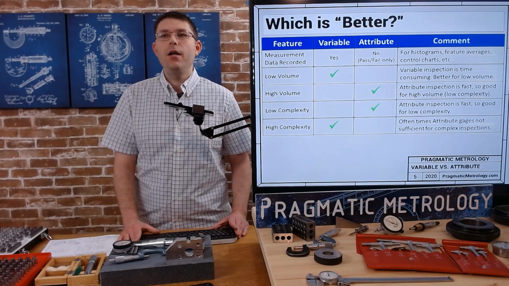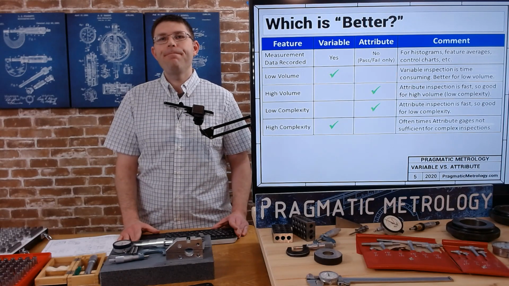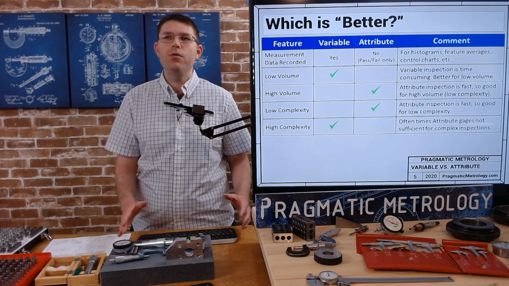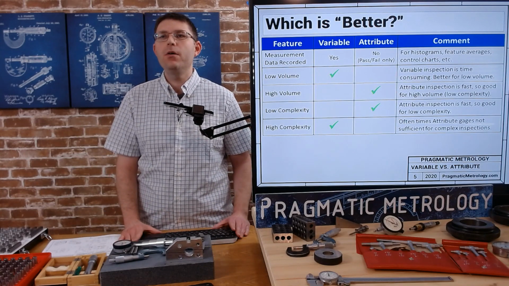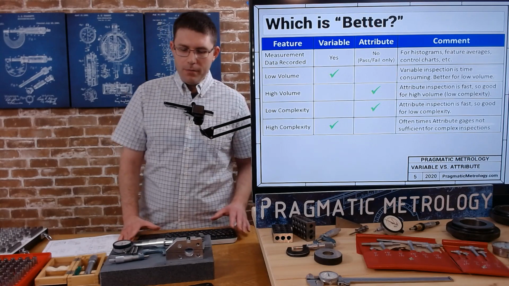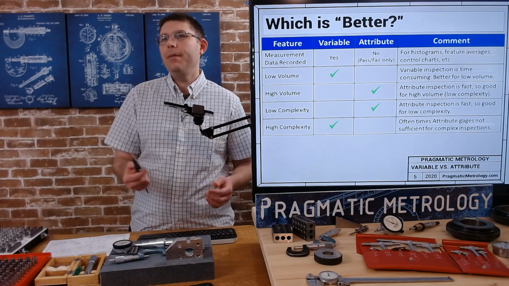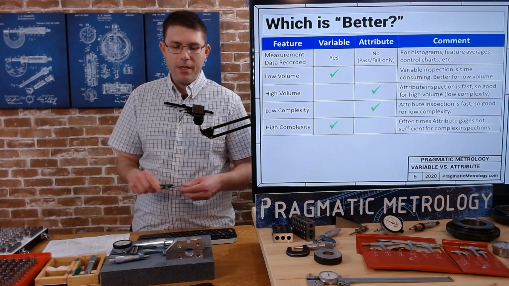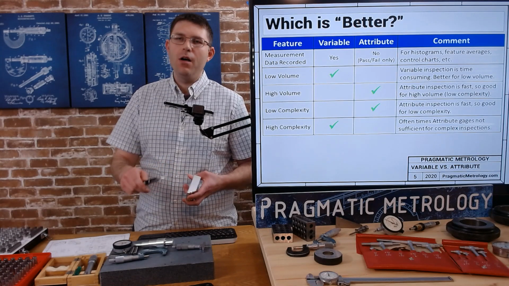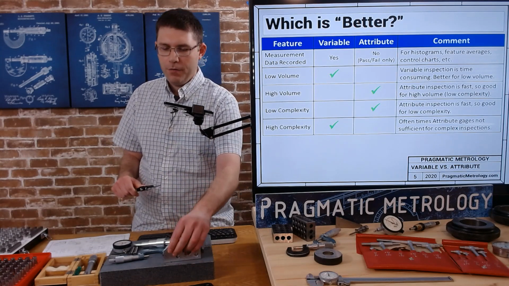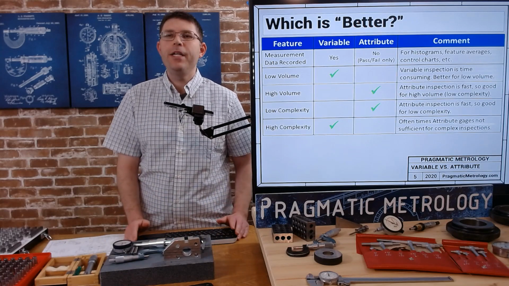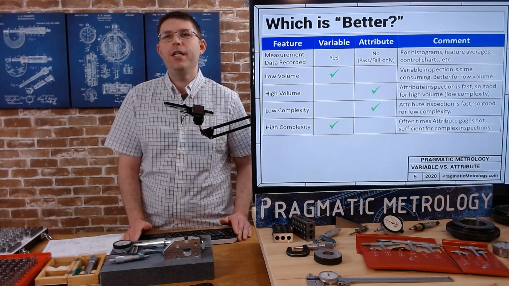So I would say take a look at your parts, take a look at your tools, and let's go through these examples. So are you talking about low volume? If you're going to do low volume, maybe a variable gauge is fine, just because you've already got it. You're going to have a caliper, you're going to have micrometers around. If you're only doing one or two parts, the low volume nature of that will be fast with a variable gauge.